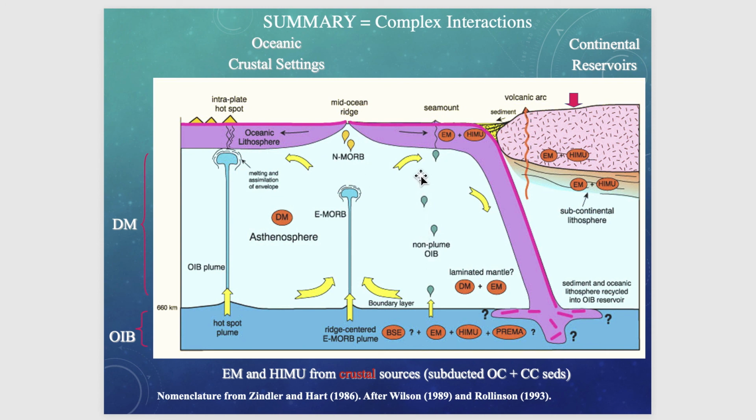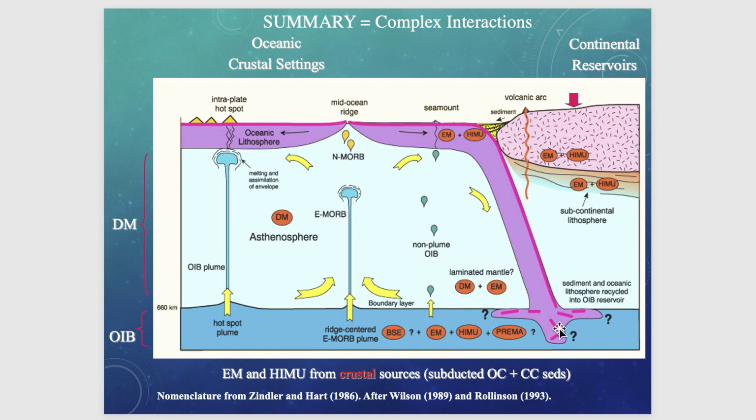OIB will be found also in seamounts, but this is a minor process, and also if we look at the subduction environment, we have really here the addition of the enriched melts plus incompatible melts, which are quite unique because they are products that derive from a radiogenic crust that is enriched in uranium. So having signatures of this type that come from continental crust at depth is a possibility to explain some of these enrichments that we find.